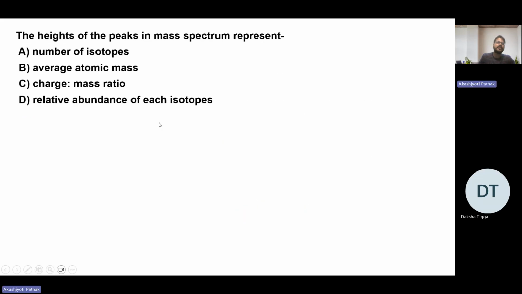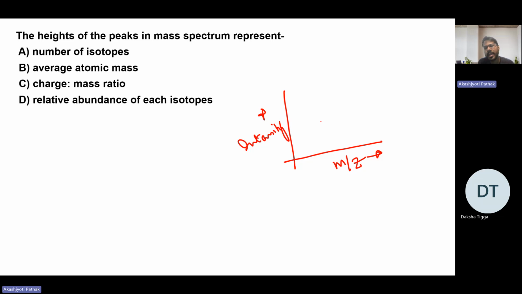Now, what do the heights of the peaks in a mass spectrum represent? What are you getting when you are doing a mass spectrometry experiment? You are getting m by z on the x-axis and the intensity on the y-axis. So what does this intensity correspond to? It will correspond to the abundance of each isotope, isn't it?